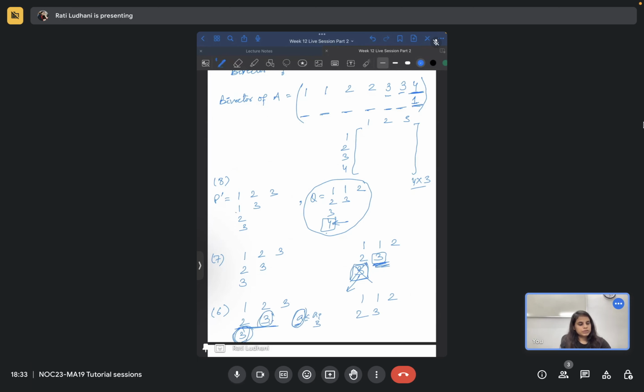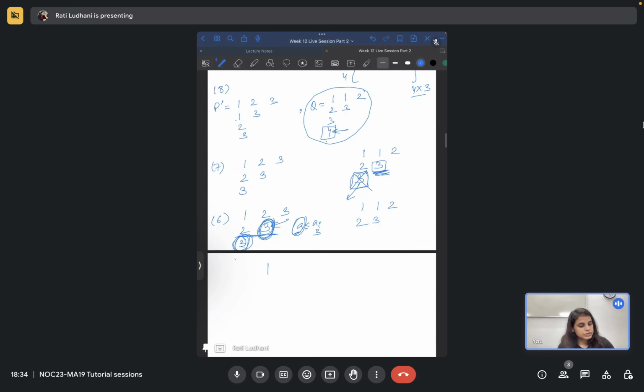So this 3 must be bumped out and came to the third row, but from where, from this place. So this 3 will go, and you must have inserted 3.